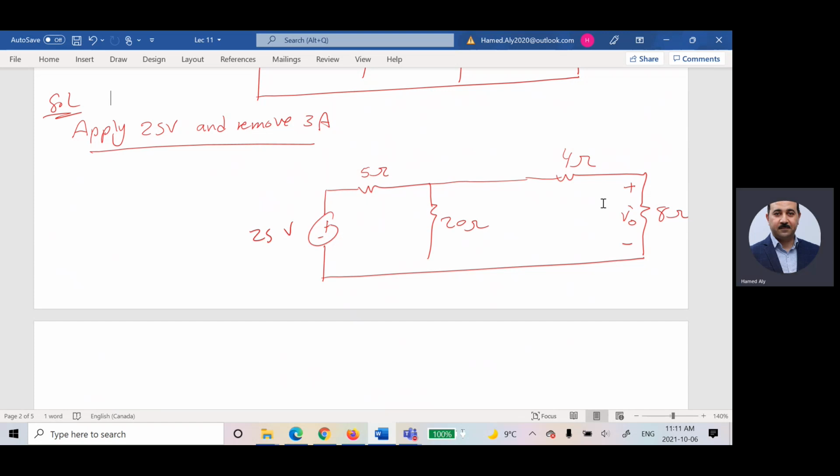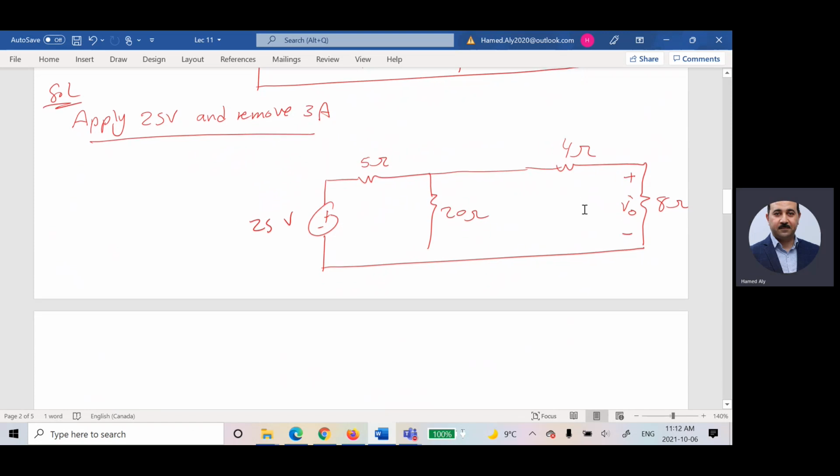This is very important. So if I decided to calculate R equivalent for this circuit, those are connected in series, in parallel with 20. So I can say 20 in parallel with 12, and the overall is in series with 5. So this will be equal to 20 times 12 over 20 plus 12, plus 5.